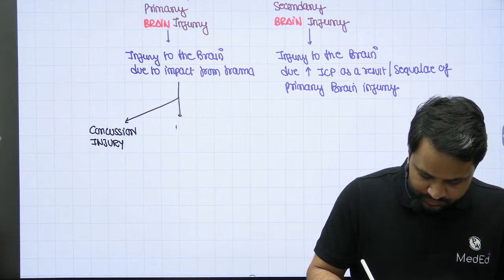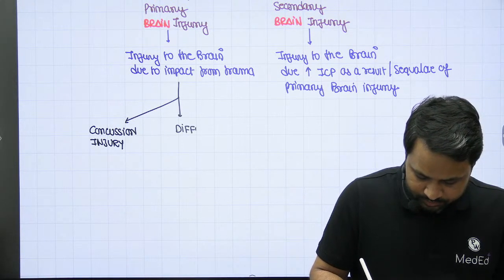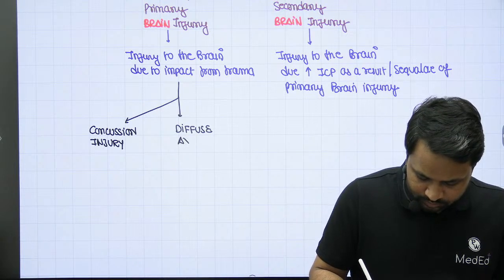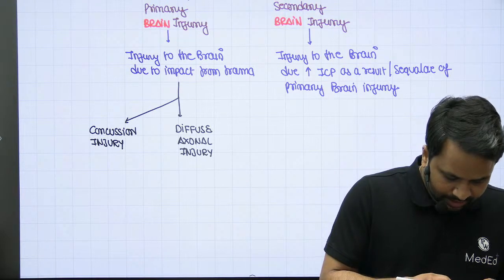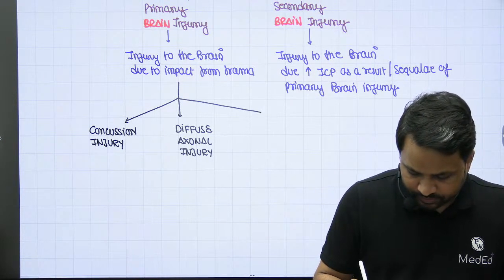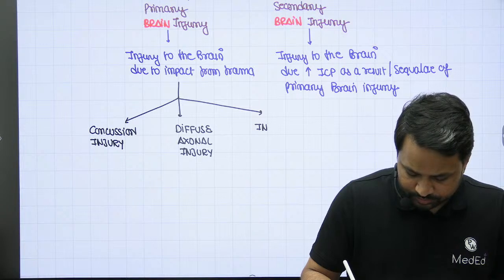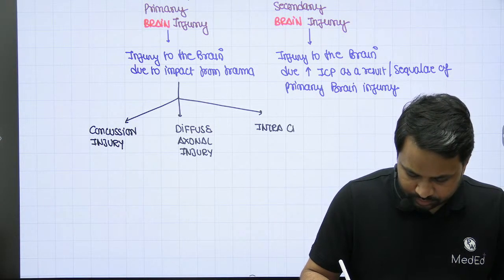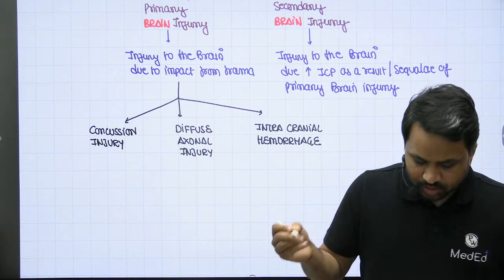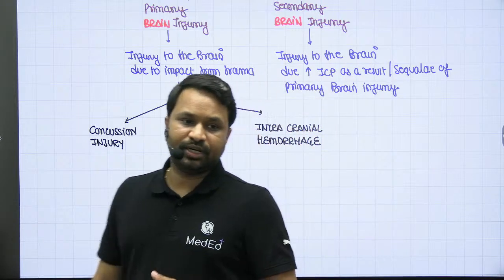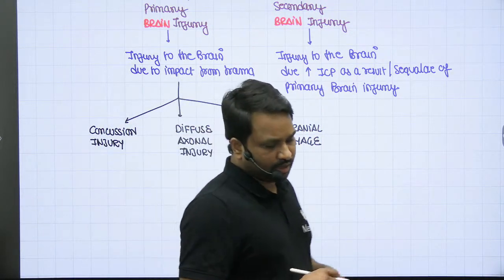Another one is diffuse axonal injury, and the intracranial hemorrhage. So you have the concussion injury, diffuse axonal injury, and the intracranial hemorrhage.